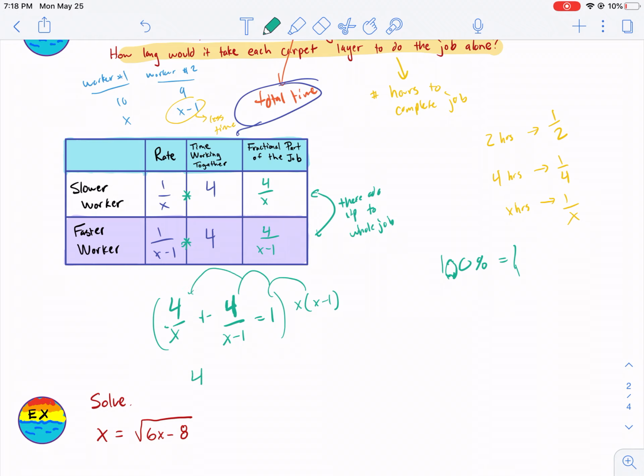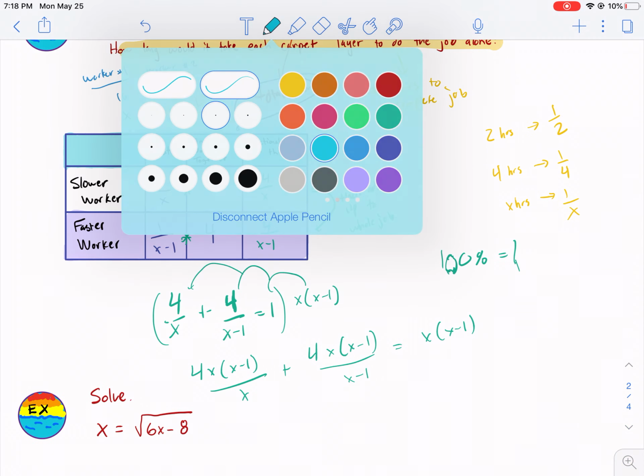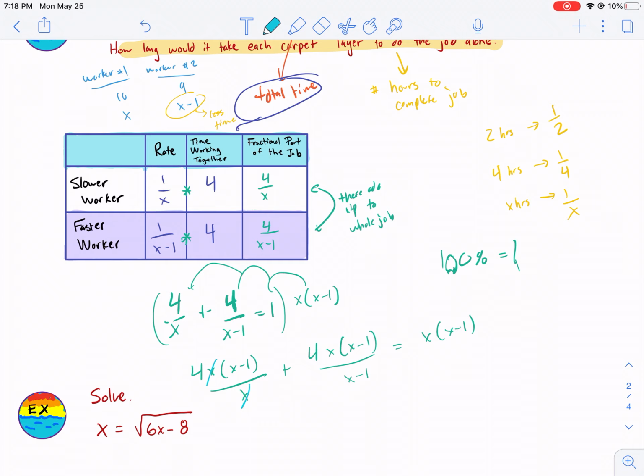So we have 4 times x(x minus 1) over x, plus 4 times x(x minus 1) over (x minus 1), equals x times (x minus 1), because that just stays the same when you multiply by 1. We're going to cancel here. We cancel the x, the x, the x minus 1, the x minus 1, and we don't need to cancel anything there. What are we left with? Well, let me shrink wrap this.